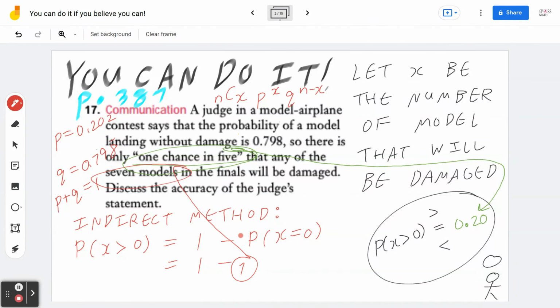So this 7 came from 7 models. 7 choose 0 because x is going to be 0. So 7 choose 0 times p, which is 0.202 to the power of 0, times q, which is 0.798 to the power of 7 minus 0, which is 7.